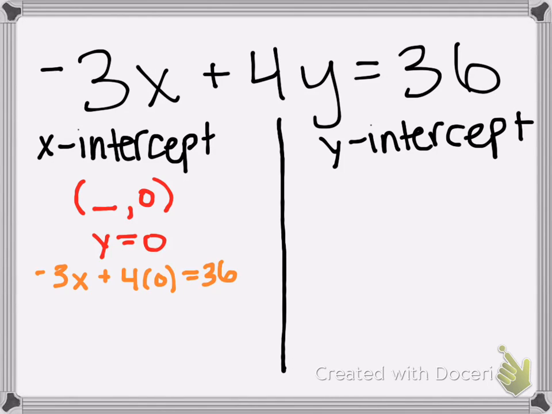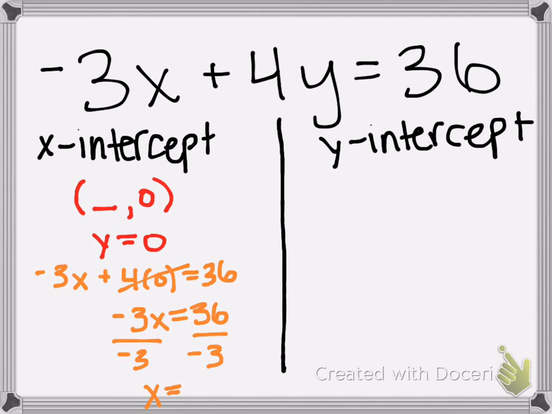And 4 times 0 is 0, so I'm just going to mark it out because I'm getting rid of it. And we're left with negative 3x equals 36. How do I figure out what x is? Divide by negative 3. Yeah, we're going to divide by negative 3. And we get x equals 36 divided by negative 3.